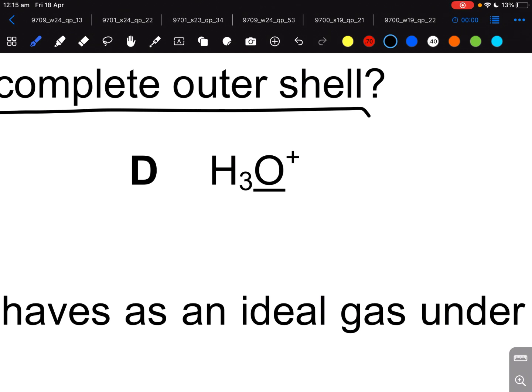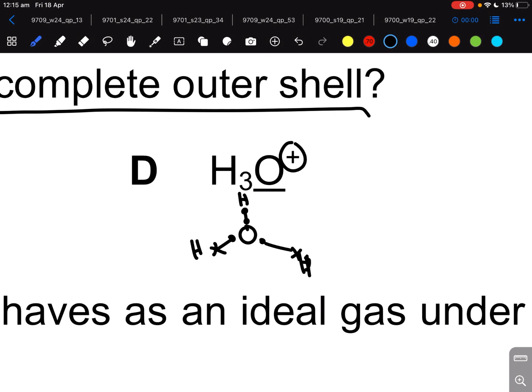H3O plus. So let's make oxygen here the central atom, then here the 3 hydrogens. So this has a plus, so it has a dative bond. One hydrogen is gonna form a dative bond with one of the lone pairs, so here it shares one with each, basically water, and then you add a hydrogen to this water, you make this dative bond.